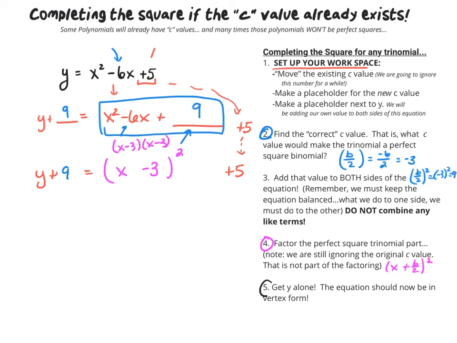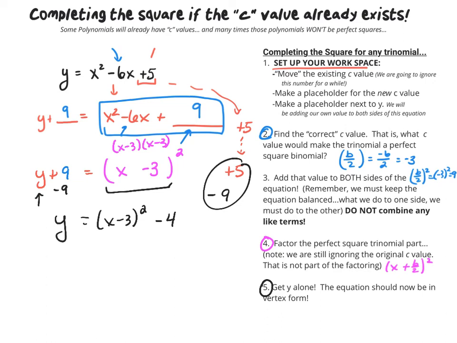So our last step, number 5, is to get our y value alone. So we have our equation, or just y equals something. So I'd want to subtract 9 from both sides. So I have y, this part is still there, x minus 3 squared. And now +5 and -9 would combine, and there'd be 4 more negatives.